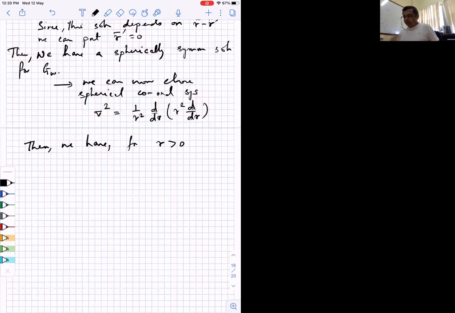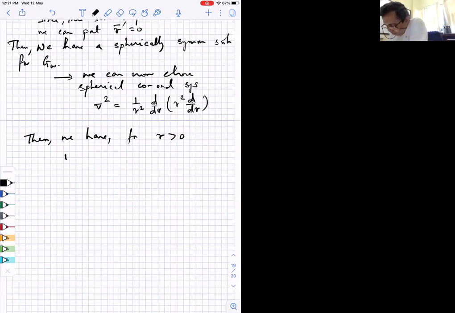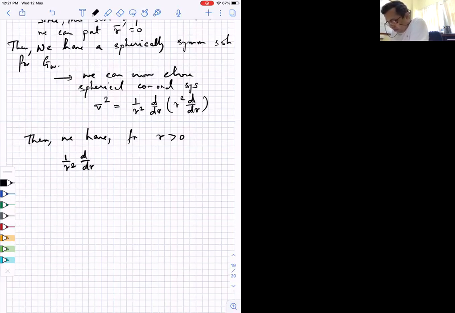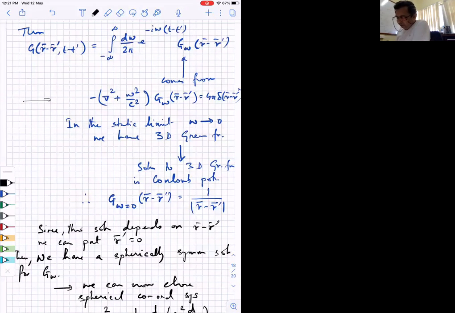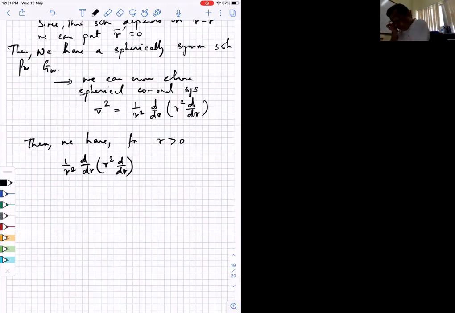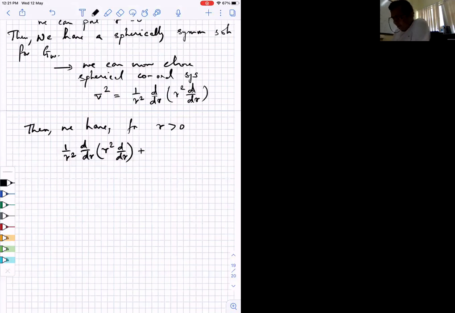So basically the r prime is at 0 at some other r. I have 1 by r squared d/dr (r squared d/dr) plus omega squared by c squared.